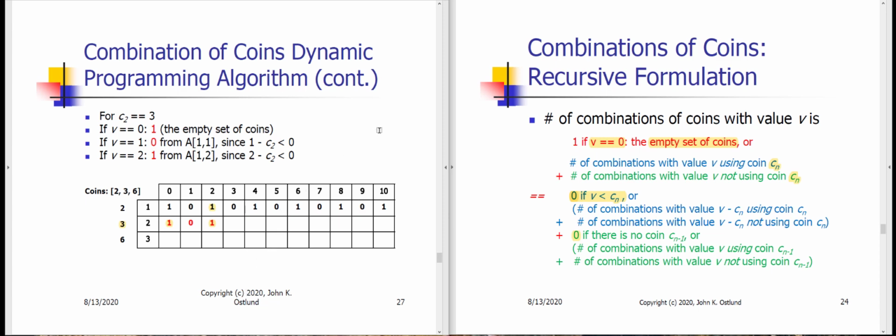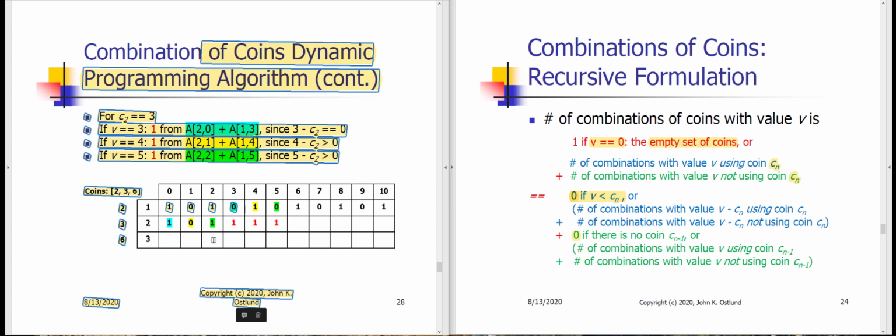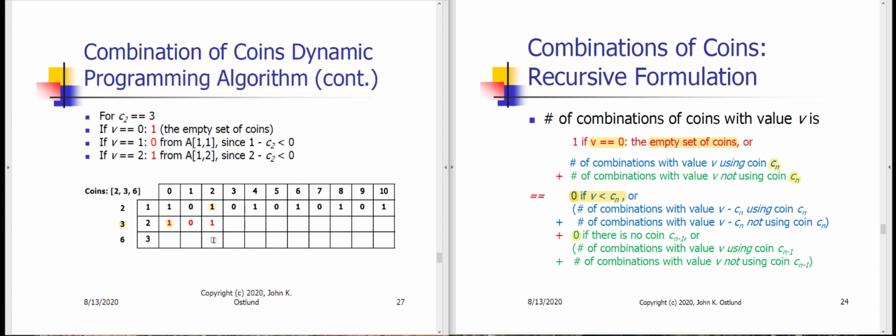And that logic also continues. And here I've highlighted the cells that are used to compute these things. So if I have a value of 3, then there are 0 ways of doing that using just the 2 coin.